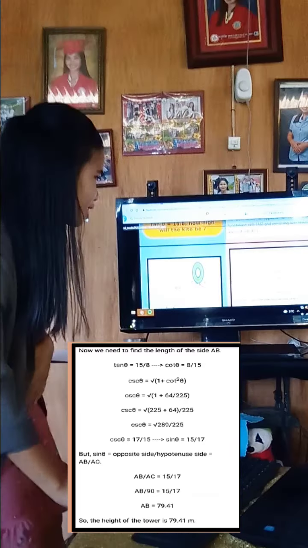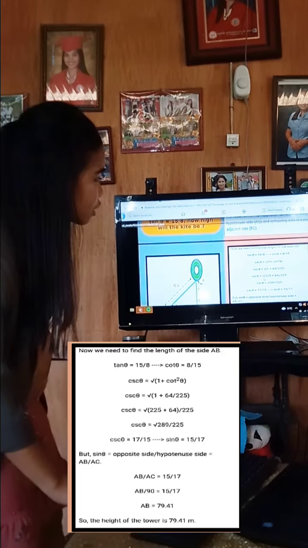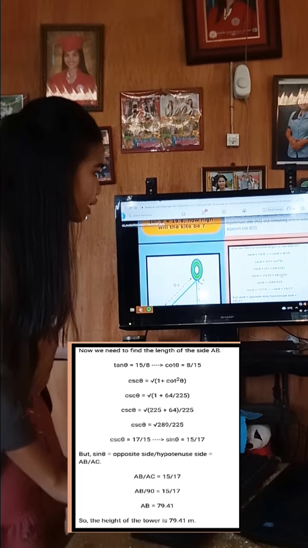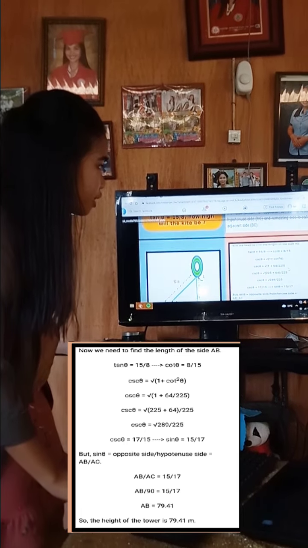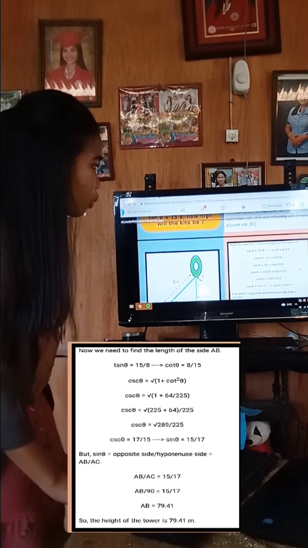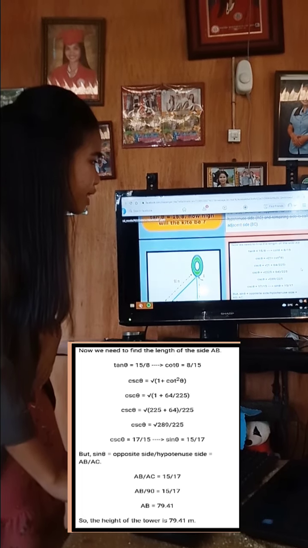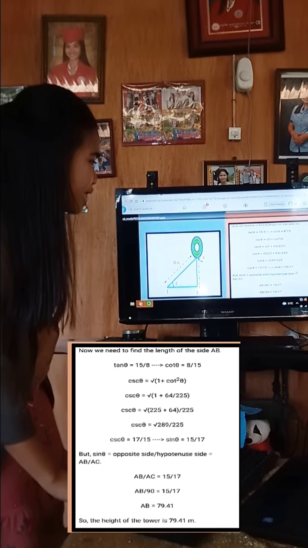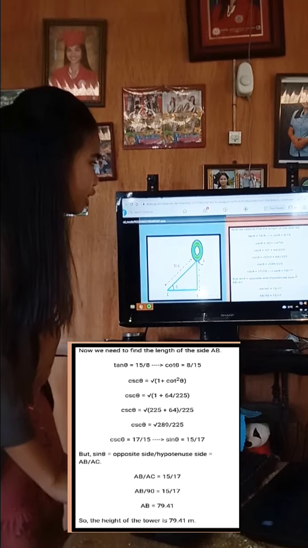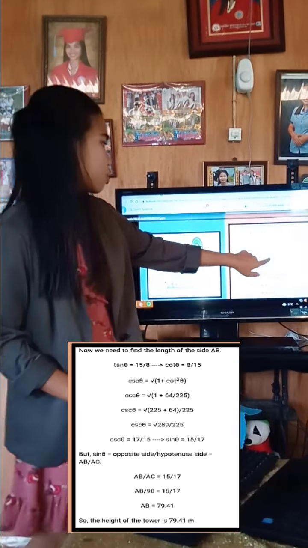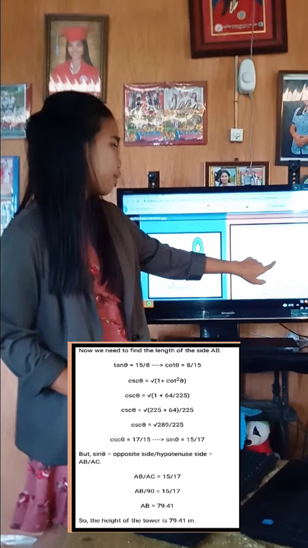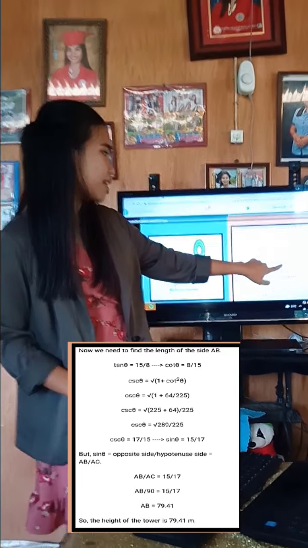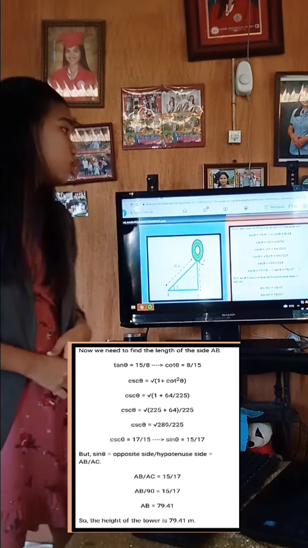So cosecant theta is equal to the square root of 225 plus 64 all over 225. We are applying the division, and then cosecant theta is equal to the square root of 289 all over 225.